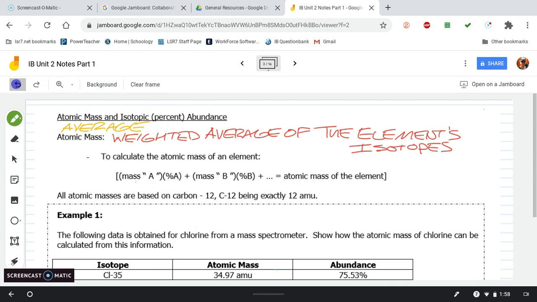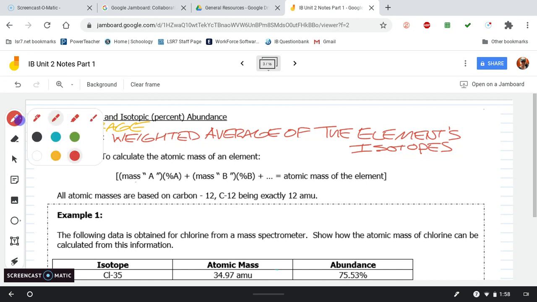So any of those are fine. So I wrote average above the word atomic mass so that you could see that sometimes it's called average atomic mass. Now maybe not as much in that international format, but a lot of times we use that term average atomic mass.